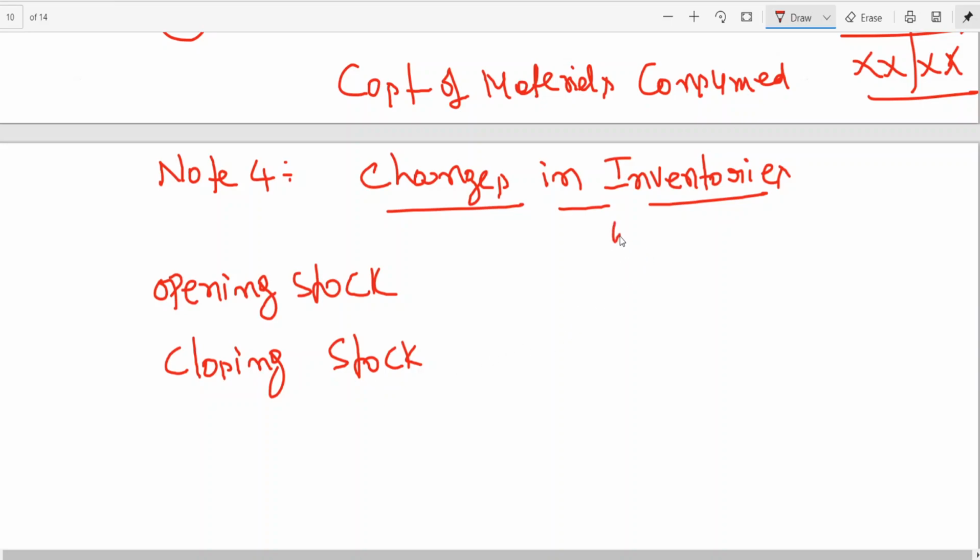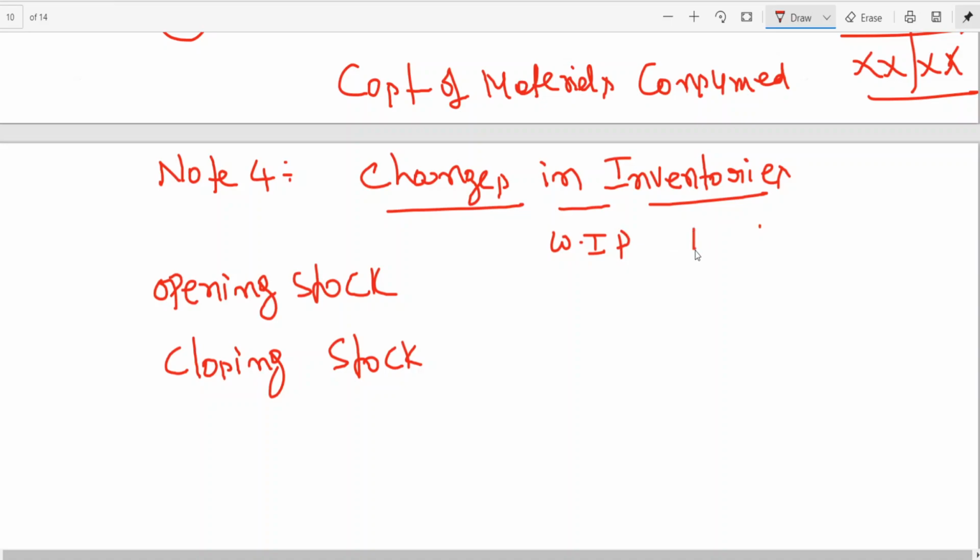Here we will be having work in progress, right? Work in progress like this.